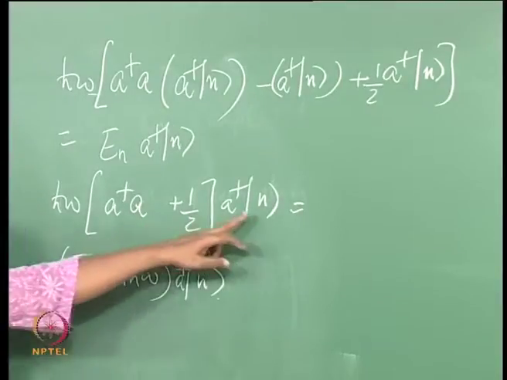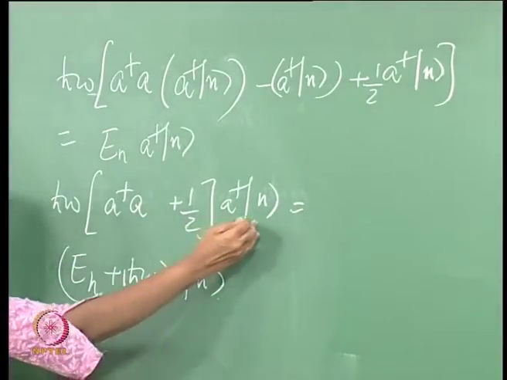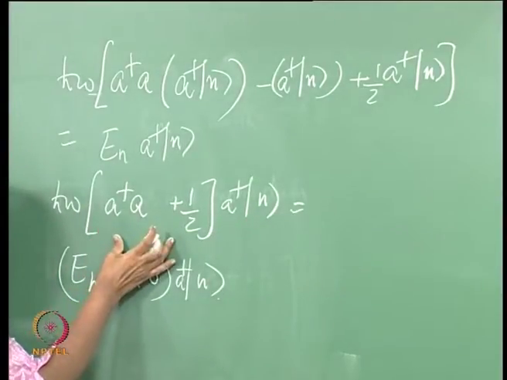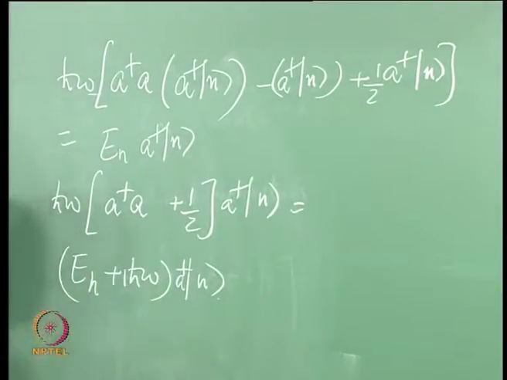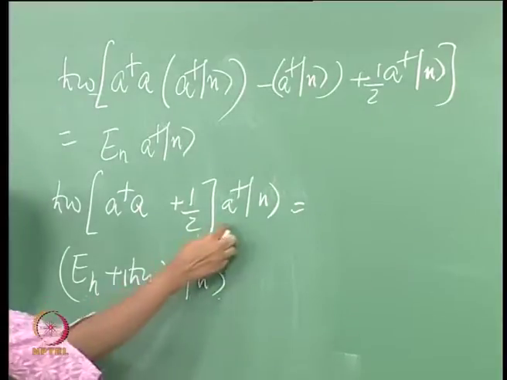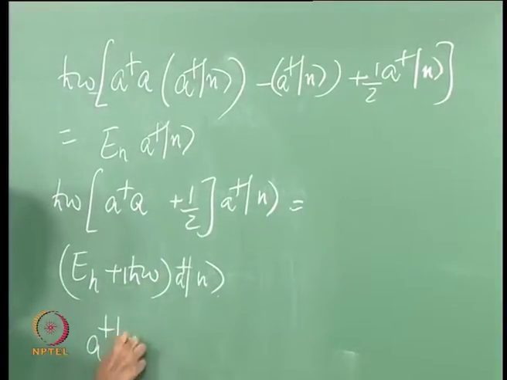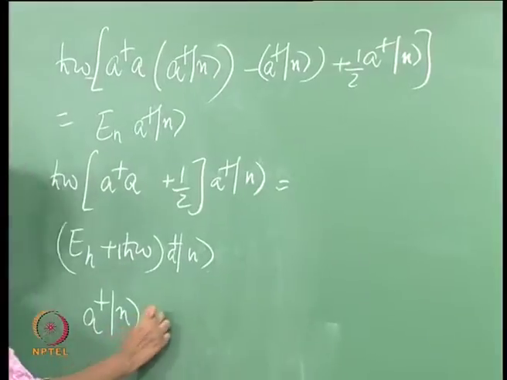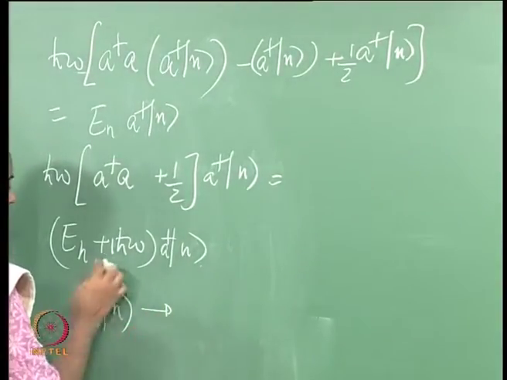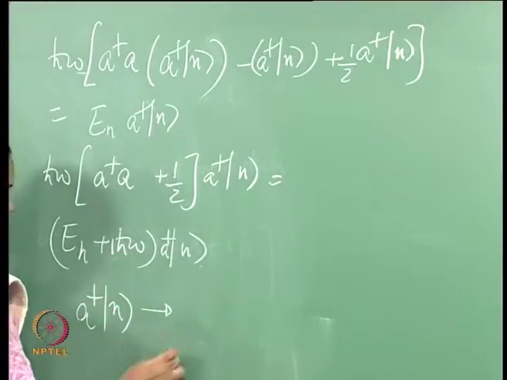A dagger acting on ket n is a state which is an eigenstate of the Hamiltonian, the oscillator Hamiltonian, with eigenvalue E n plus 1 h cross omega. So it looks like A dagger acts on ket n to take it to a state which is E n plus 1 h cross omega.